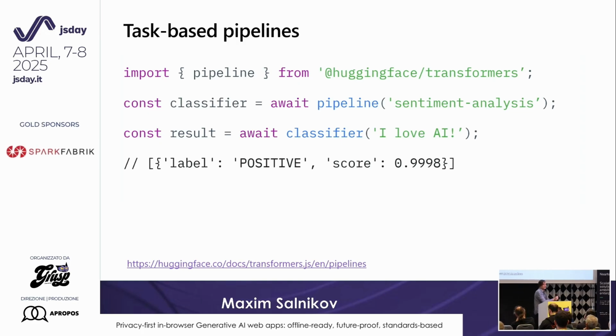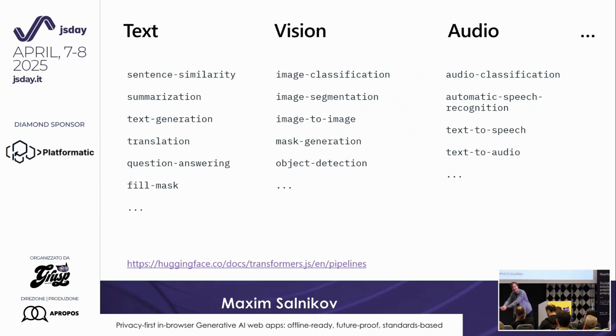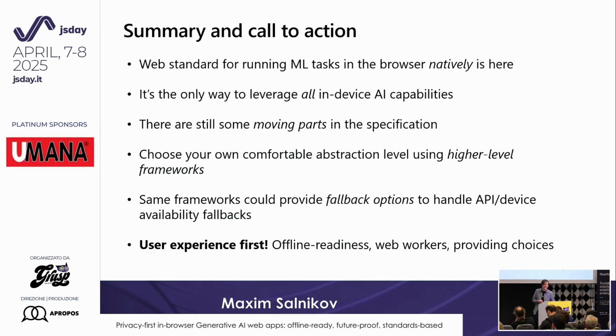And it's all thanks to the fact that Transformers.js uses ONNX Web Runtime as backend, and ONNX Web Runtime can use WebNN as backend. So it's like jump, jump, jump. A number of pipelines is available for you, and this number is only growing. And in the next session, you'll see more detail.